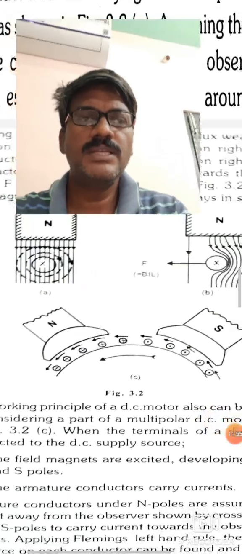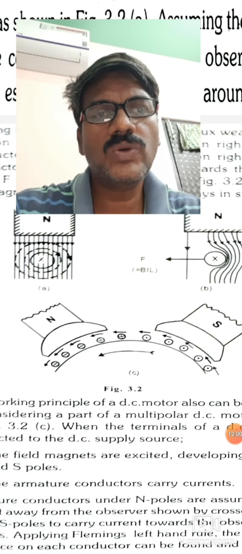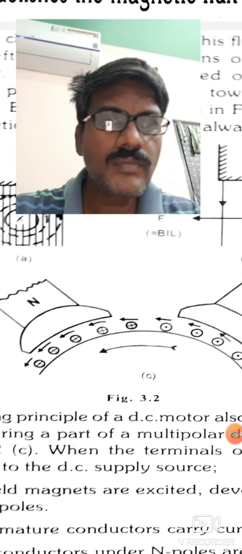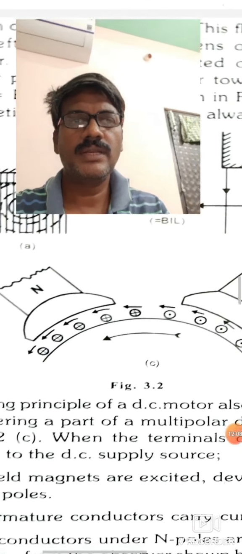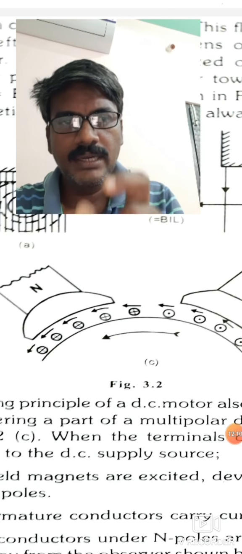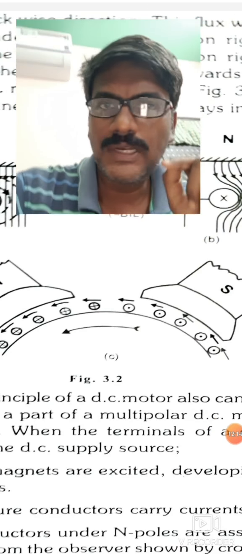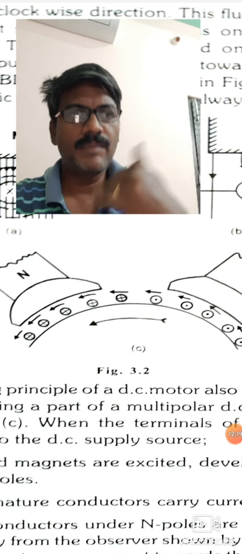North pole and another one is a south pole. And then current passes through the conductor. So the conductor under the north pole is a cross, and the conductor under the south pole is a dot. You can observe the dot and cross represent armature current.